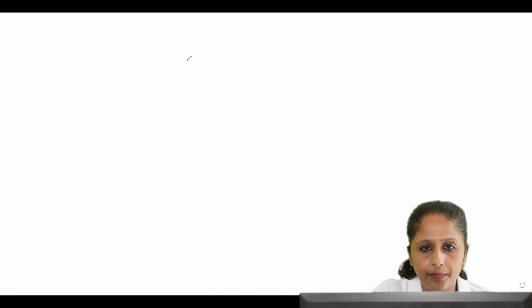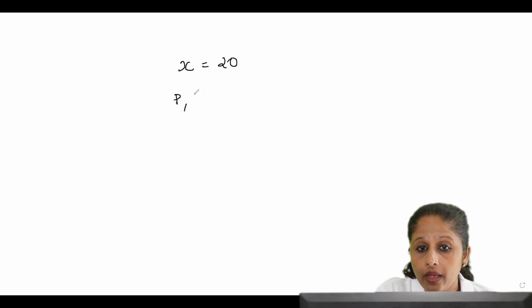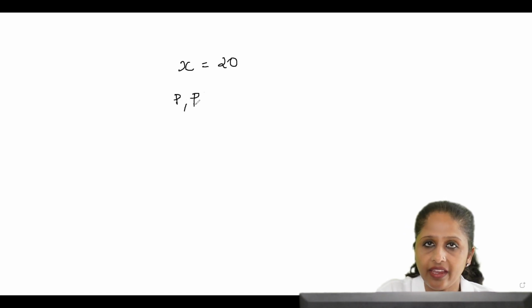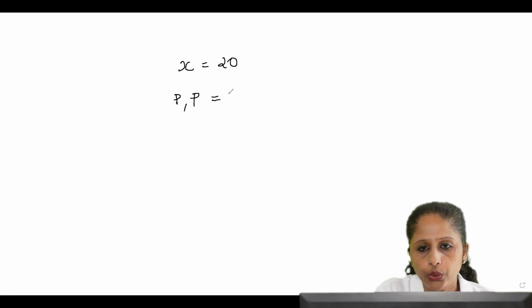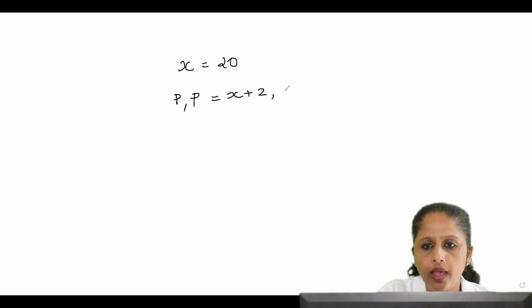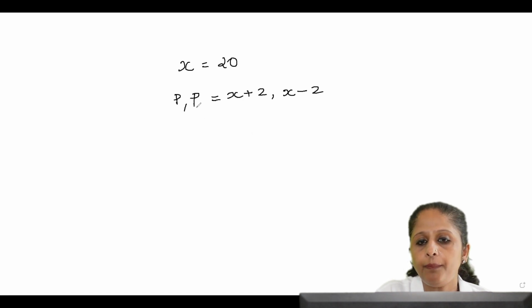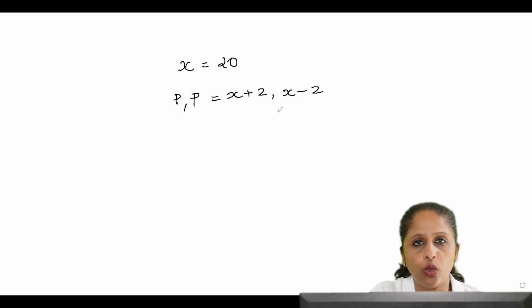Let's see another example. X is equal to 20. Then I am writing p comma p equal to x plus 2 comma x minus 2. Here we have two variables but the same variable, p comma p. So how can we solve this?